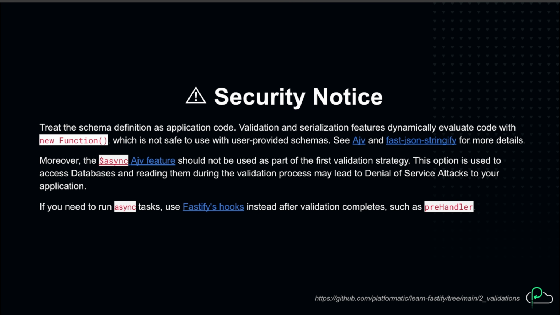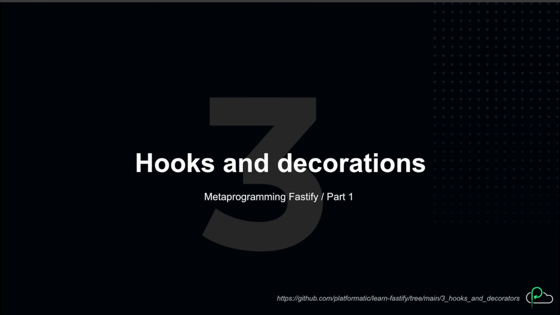Moreover, if you use the $async feature of AJV, which is disabled by default, your system could suffer from denial of service attacks because of how things are set up. So be careful again.